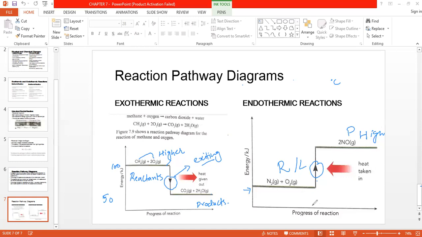Firstly, we studied the types of changes, and then we studied exothermic and endothermic reactions. So you can go through the slides again, and if you find any problem, we'll have time after the class to discuss. Okay, thank you so much.